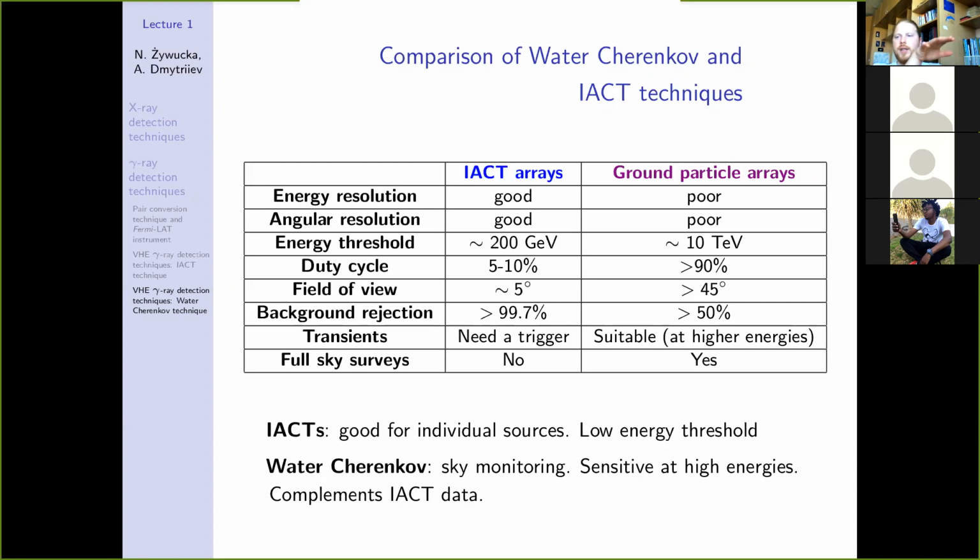You have a steady flux, and suddenly at some point, without even a precursor, the flux increases by an order of magnitude over a few hours, for instance, or a few days, and then drops down to the usual level, more or less the quiescent level. These are named flares. Another type of transient is gamma ray bursts. You cannot predict in advance when the source will be undergoing this variability.